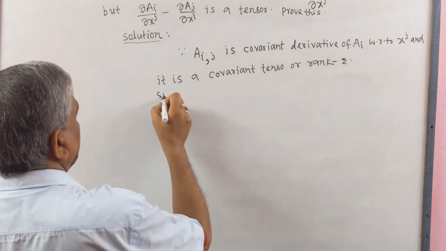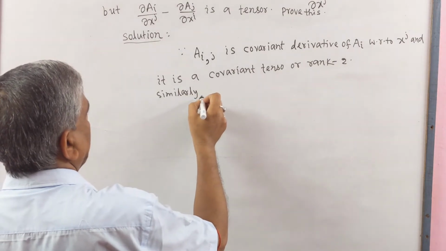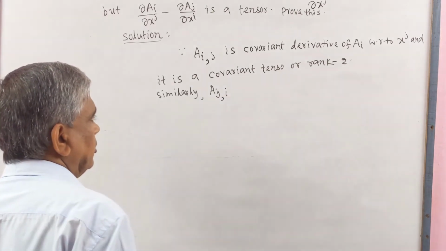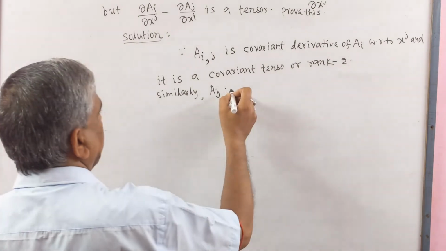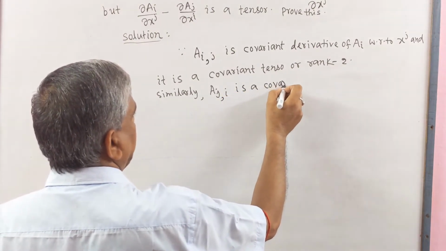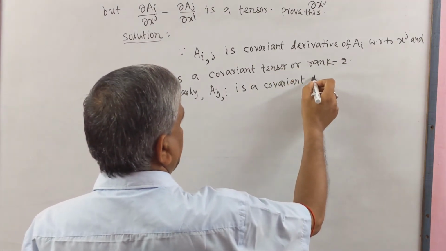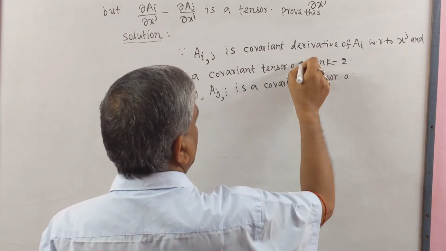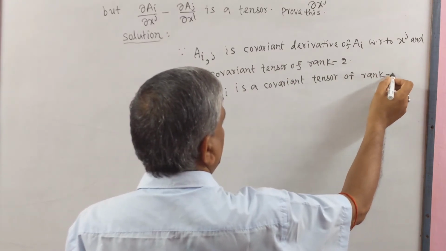Similarly, a_j,i, the covariant derivative of a_j with respect to x_i, is a covariant tensor of rank 2.